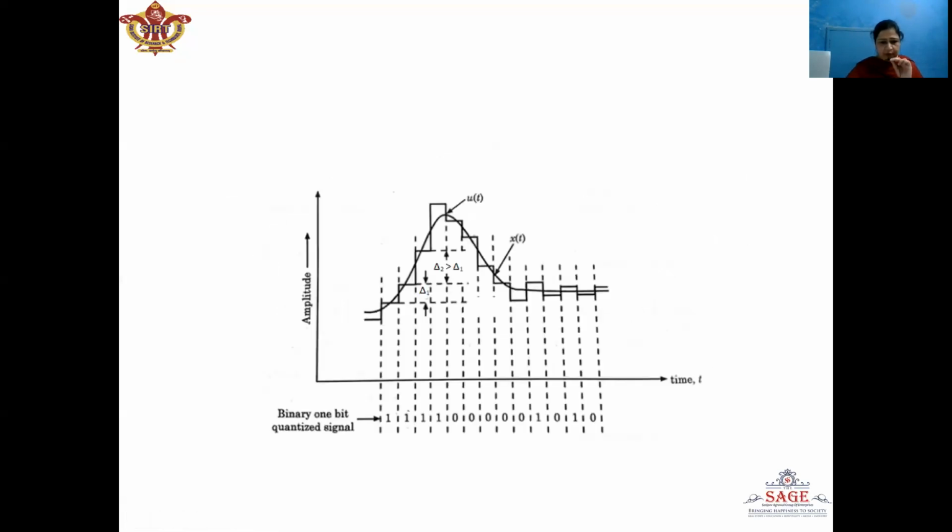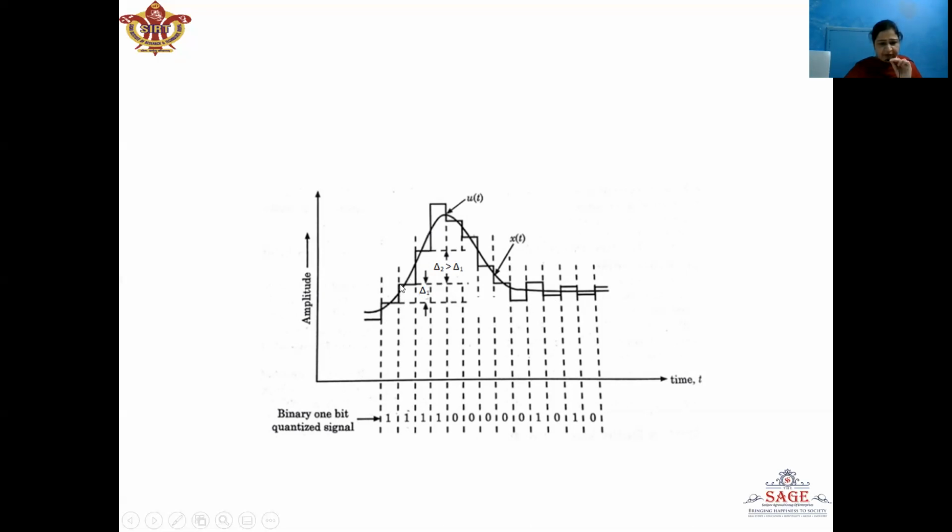Now here we can see the generated ADM signal, the behavior of the message signal and the approximated signal. So here we can see the step size of the approximated signal is increasing as there is an increase in the message signal.